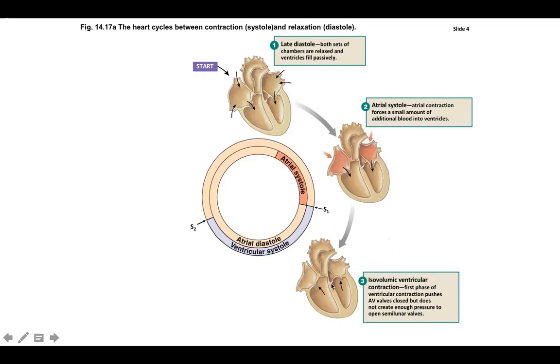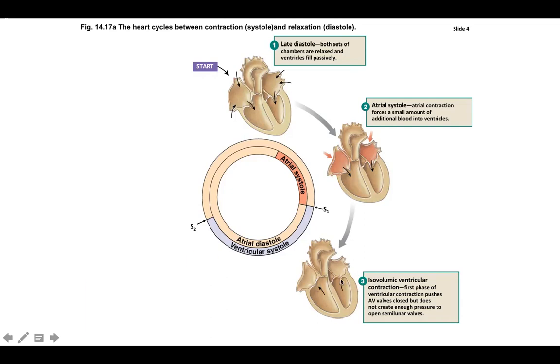So essentially what you're having is contraction with all of the valves closed. So the blood really isn't going anywhere. It's staying in the ventricle at this point in time. And because there's no change in volume, we call this isovolumic ventricular contraction. So you're having the contraction of the ventricles against all of the valves being closed. So that's the first phase of ventricular contraction, or ventricular systole.